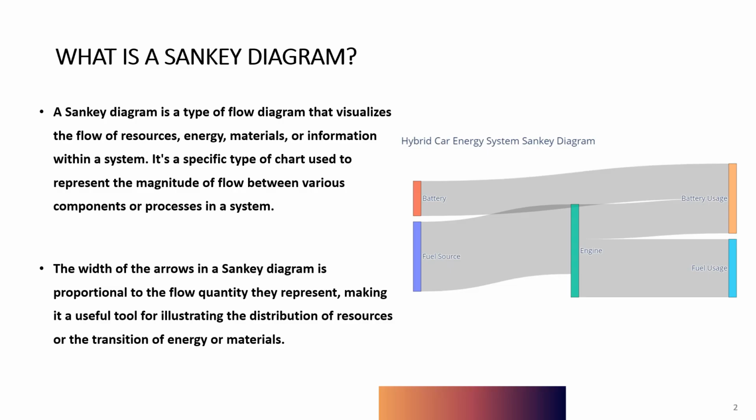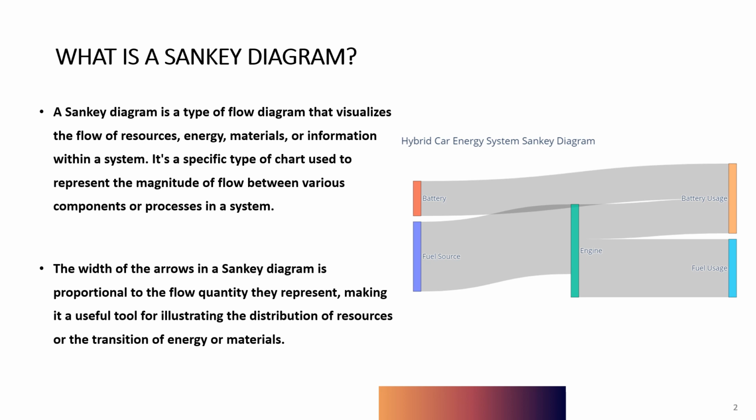So when we talk about Shanky diagram, I want you to think about it as a type of flow diagram that can help you visualize the flow of resources, energy, material, or information within a system.